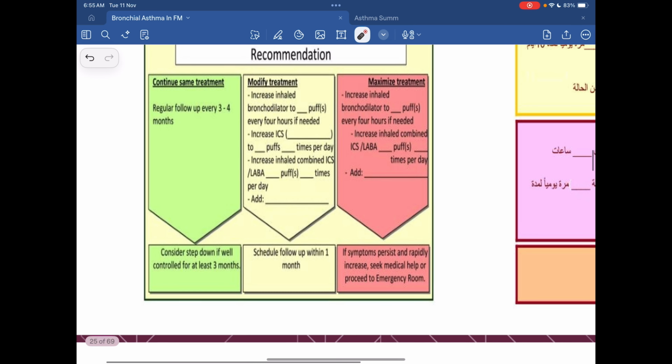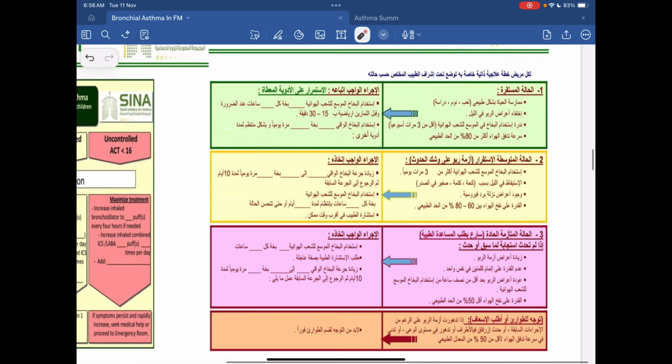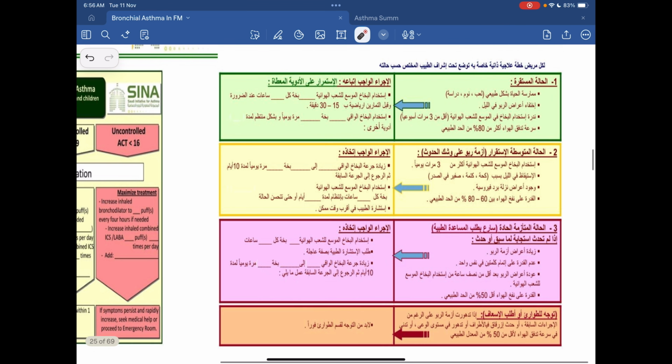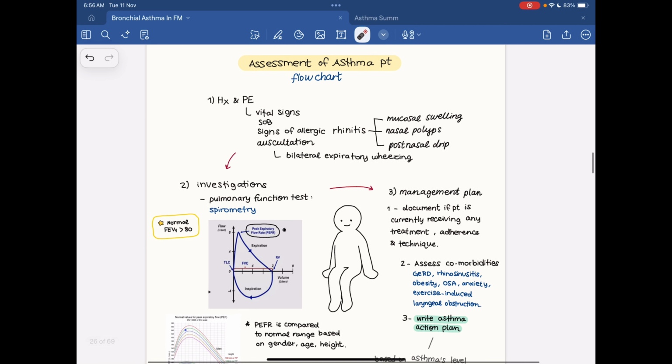We'll explain all these كلهم زيادة بعدين. وإذا كان symptoms persist and rapidly increasing, we need to seek medical help from the pulmonologist or transfer patient to the ER. You can also read these. So, ملخص بسيط.